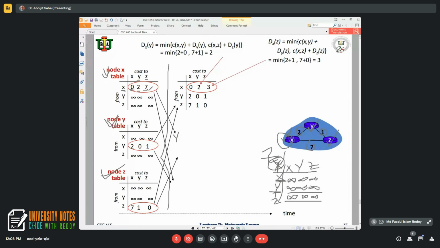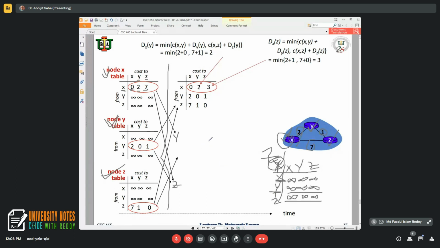With the arrow it shows that the update is sent to y, and it is also sent to z, because y and z are the direct neighbors of node x.